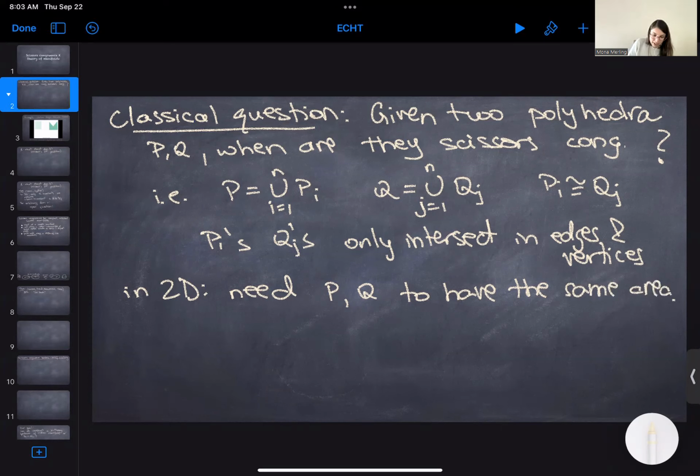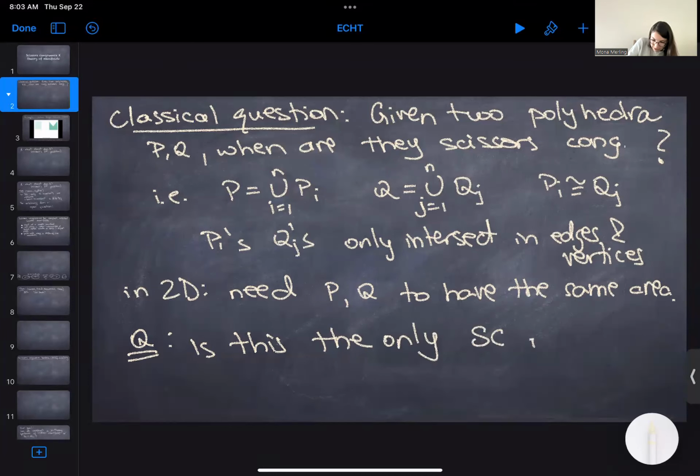And now you might ask, is this the only scissors congruence invariant? If you've never seen this before, what do you think? You might wonder in the beginning if maybe the angles have something to do with it, but you can convince yourself pretty quickly if you play around with it.